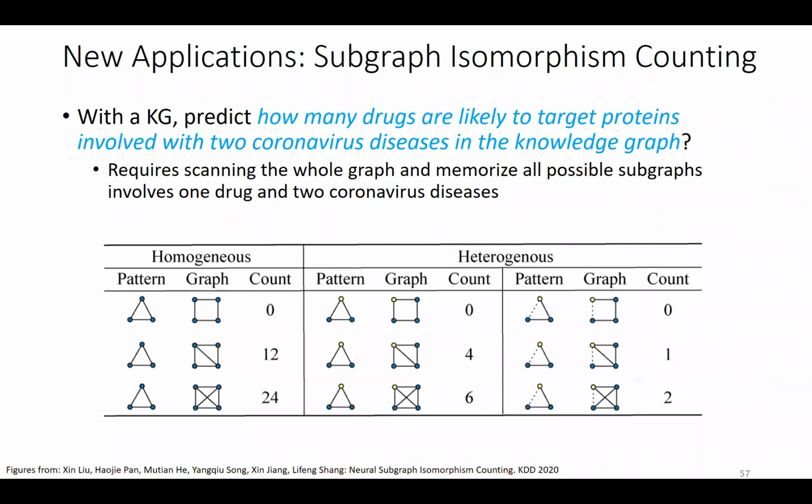Another prediction problem is that rather than answering the what question, we can also answer how many questions using neural models. For example, we want to know how many drugs are likely to target proteins involved with two diseases in the knowledge graph. In this way, we need to represent the knowledge graph as a heterogeneous information network and count the subgraph isomorphisms in the knowledge graph.